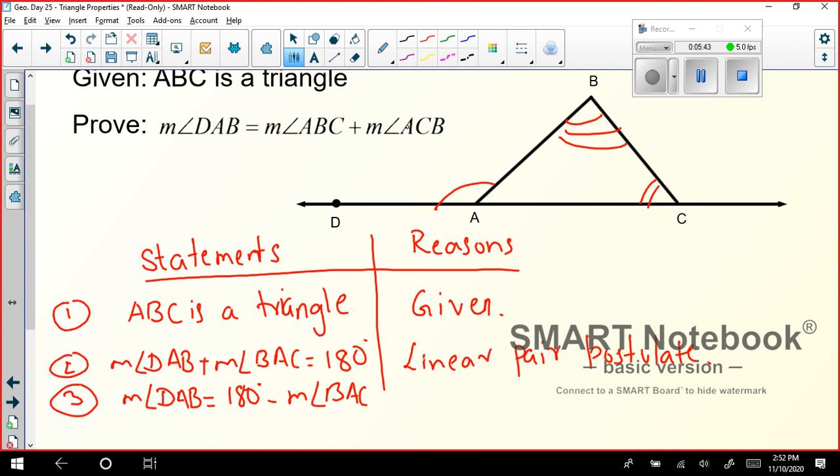Let's see how to get these terms. We can involve this term by the triangle sum theorem. The triangle sum theorem says that the sum of angles in a triangle is 180 degrees. So we can use all the three angles and say it's 180 degrees.